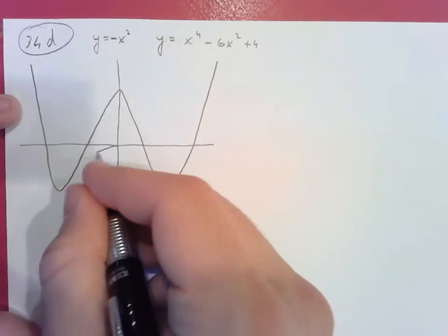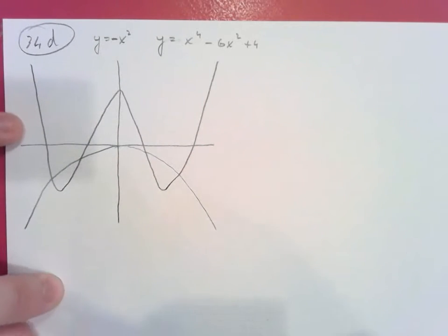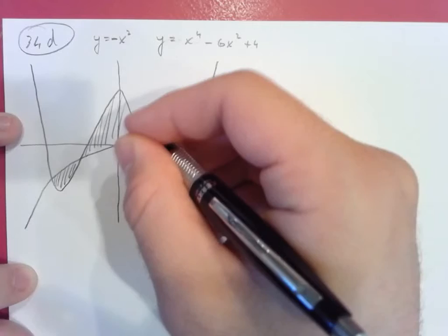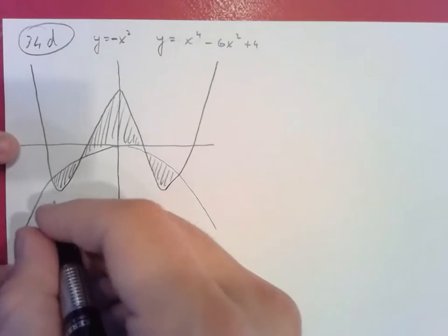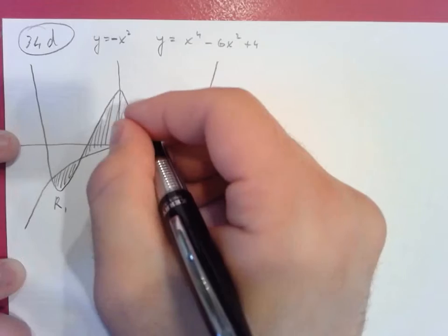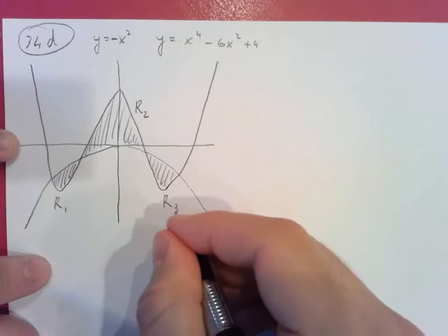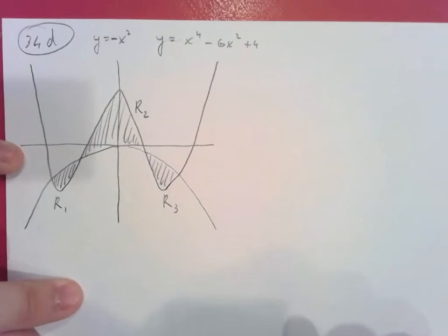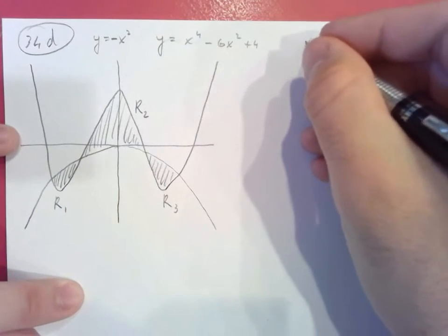And here is the x squared polynomial. I'm drawing it kind of large so that I can actually see it. It's really given by three different regions. I'm going to call this region 1. The middle one is going to be region 2, and the last one is going to be region 3. Okay? And I can quickly figure out the intersection points by setting these two equal to each other.